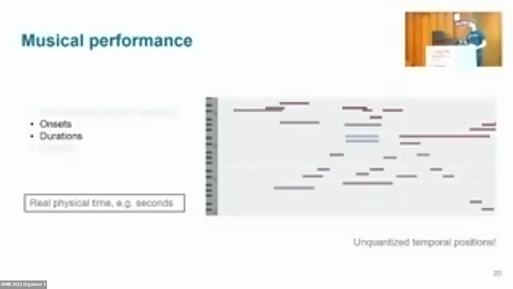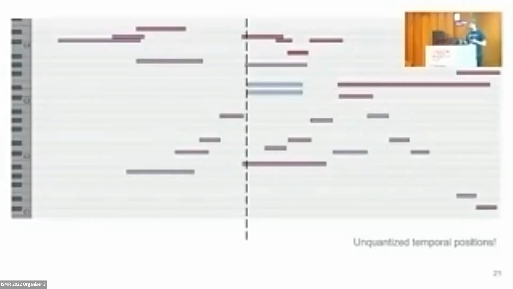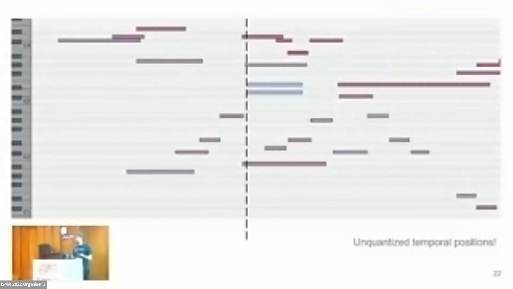This is unquantized because these are produced by real humans playing an instrument, and humans are not perfect. That means that even if they want to play 3 notes at the same time, there will be a very small variation. You can see here, for example, all these notes are supposed to be played together, but because of the deviation introduced by the player, they are kind of misaligned.